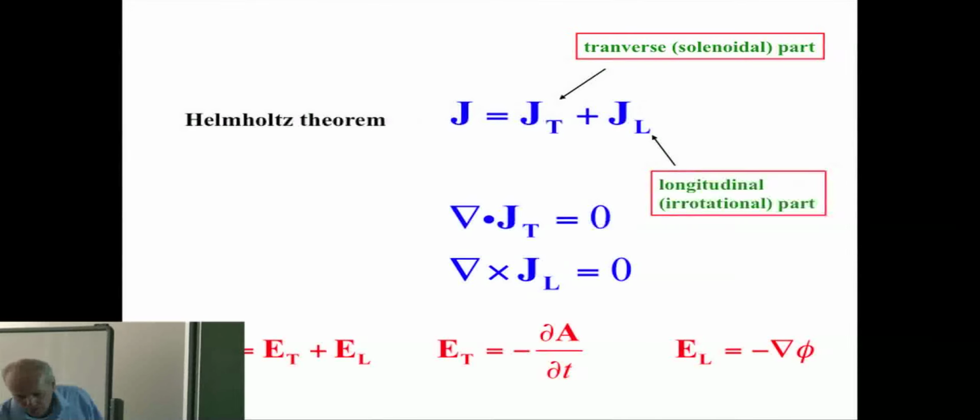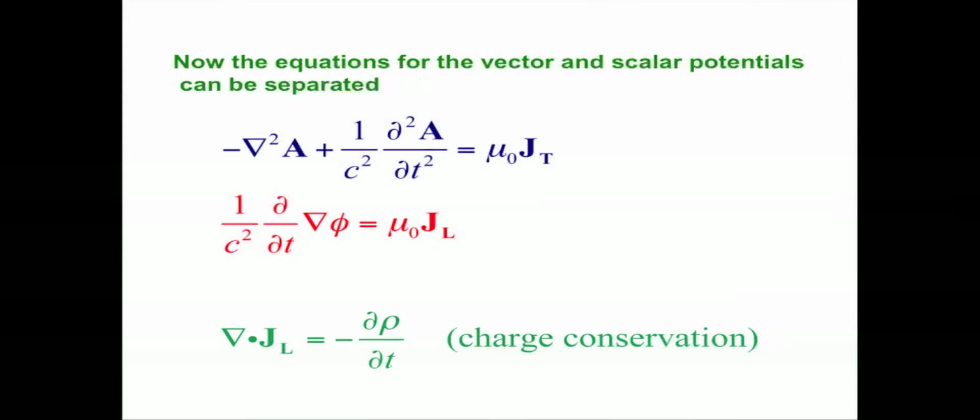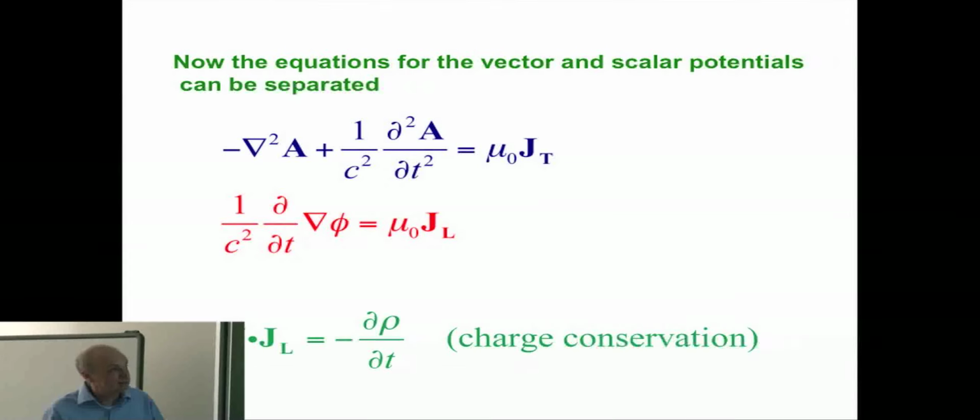The essential point is that, if we do that, at the end we obtain an equation for the vector potential that does not contain the scalar potential. The only difference is that the source term is not the total current density, but only a part of it, the transverse part.